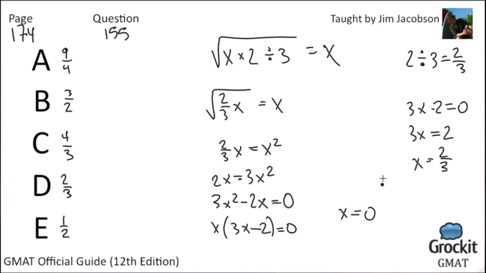So there we have it, x equals 0 or 2/3. But we do find out from the prompt, it says that positive number x is multiplied, divided, and then square rooted. So that rules out the possibility of 0 being a value for x. So we are left with 2/3. Answer choice D.